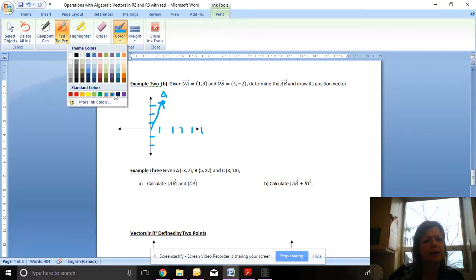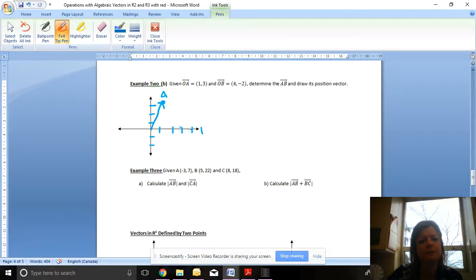And B is 4, negative 2. So that's OB. We'll label these 4, -2, and A is 1, 3.